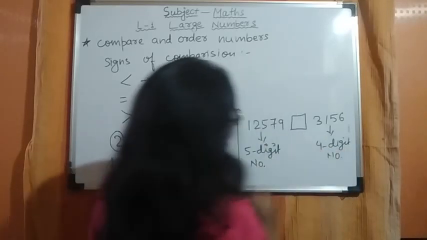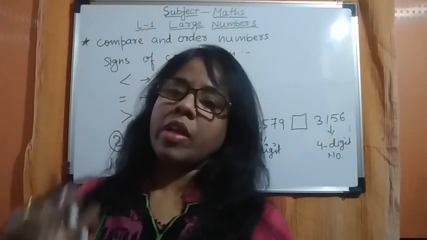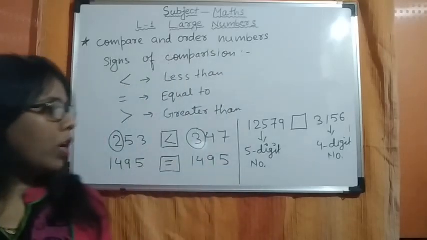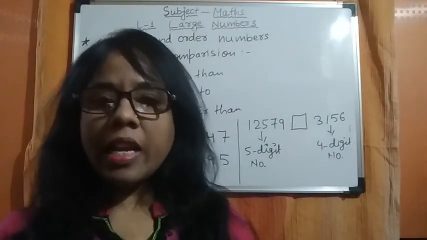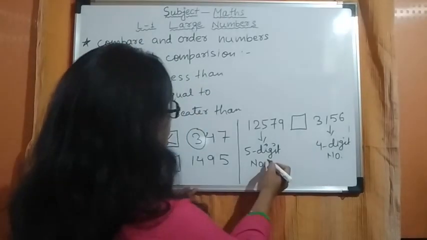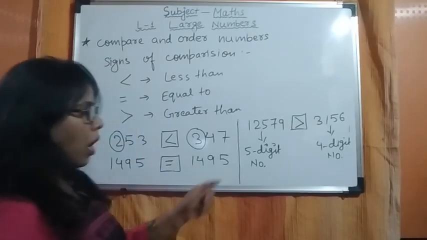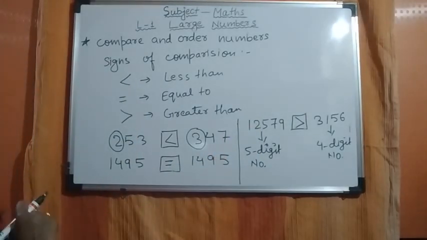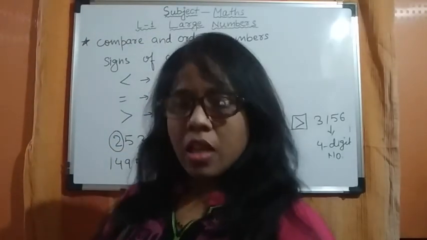Fine. So always keep in mind that a 5-digit number will always be greater than a 4-digit number. Means a number with more digits is greater than a number with fewer digits. So here this 5-digit number is greater, so the crocodile's mouth will open this side. This is called comparison, which number is bigger and which number is smaller.